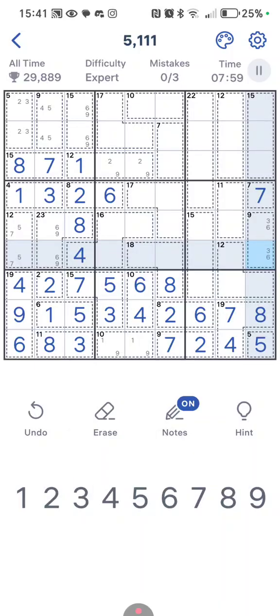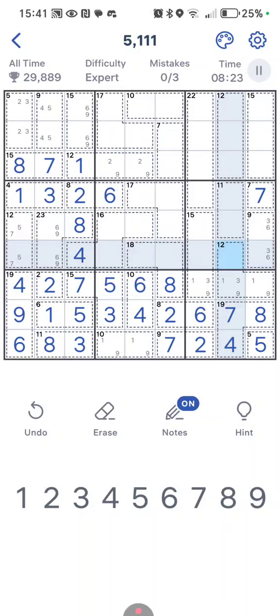Okay, so what goes along here? This has to be 1, 3, and 9.